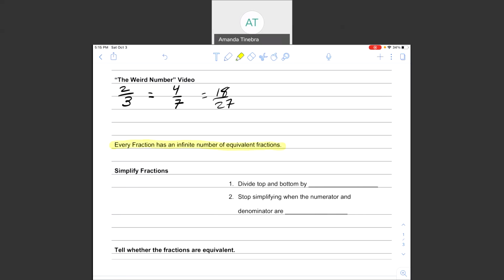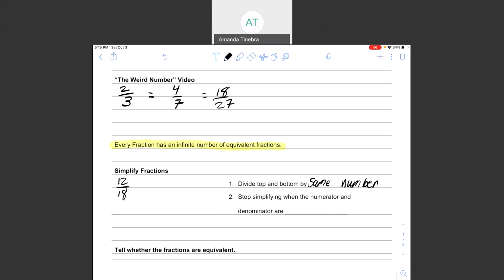So knowing this, we can do a lot of things with it. The first thing we can do with it is simplifying fractions. So let's say, for example, I had the fraction 12/18. If I want to simplify that fraction, the first thing I want to do is divide the top and the bottom numbers, meaning both the numerator and the denominator, by the same number.